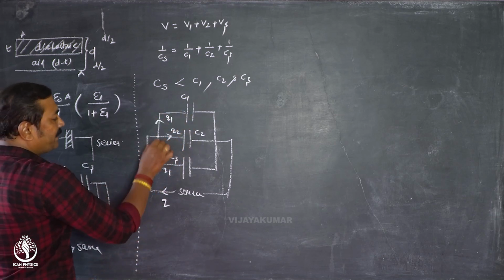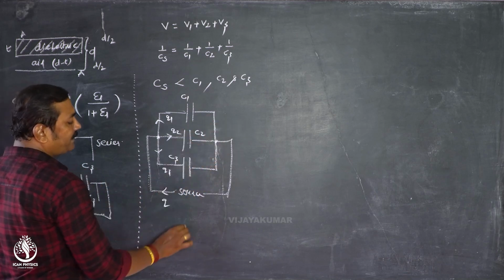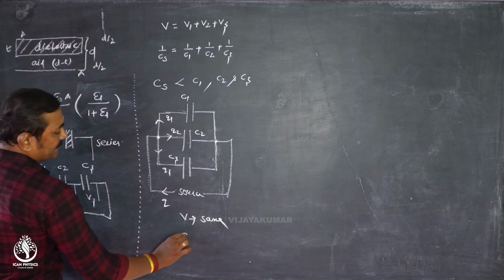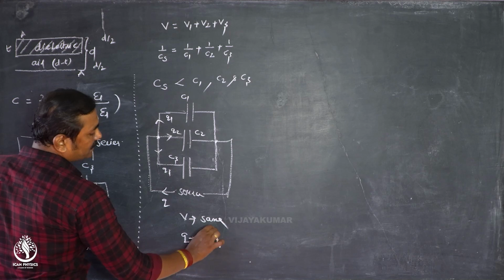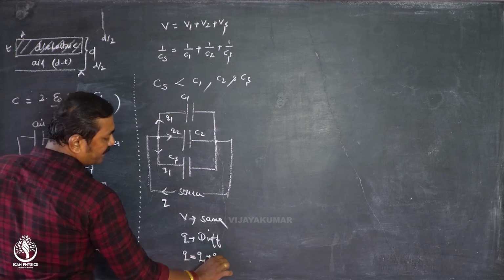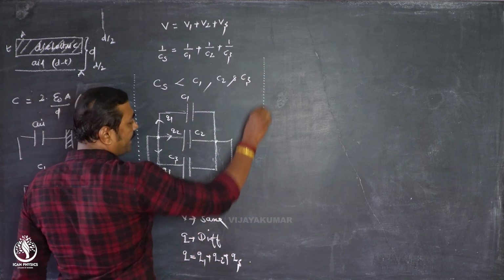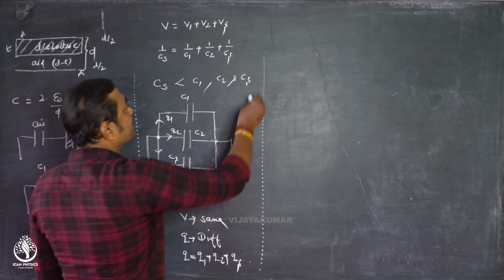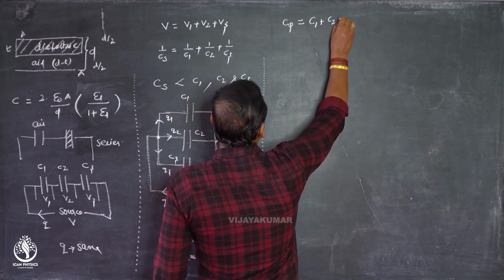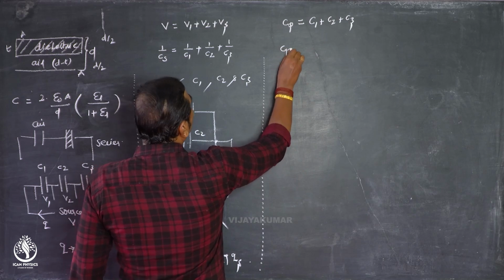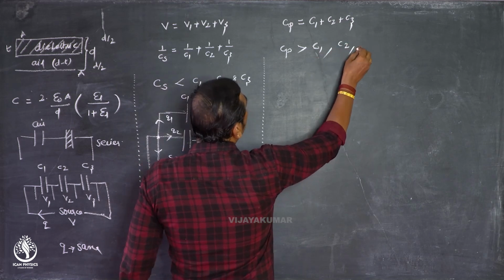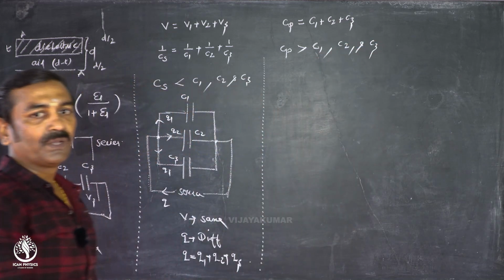All the terminals are connected at the same point, so the potential remains the same, but the charge will differ: Q equals Q1 plus Q2 plus Q3. What about the effective capacitance? The effective capacitance in parallel equals C1 plus C2 plus C3. So we can conclude that the effective capacitance in parallel is always greater than C1, C2 and C3. Okay, do you get it now?